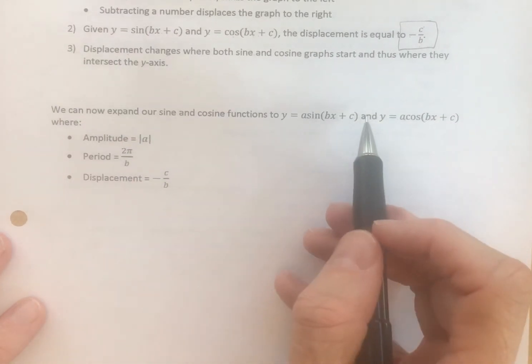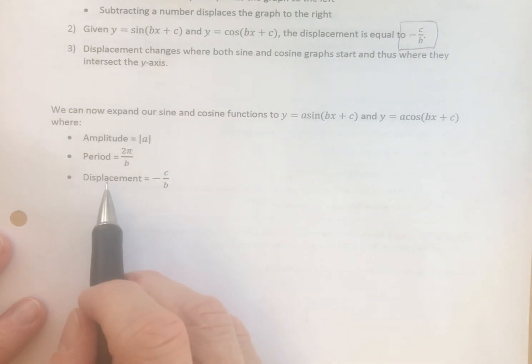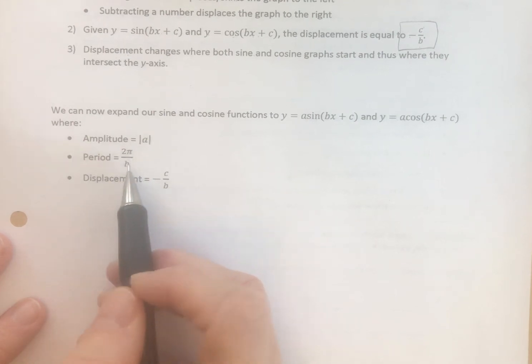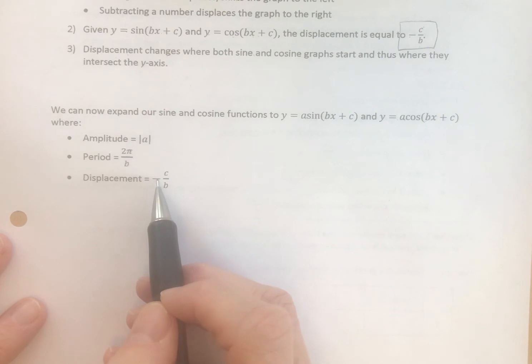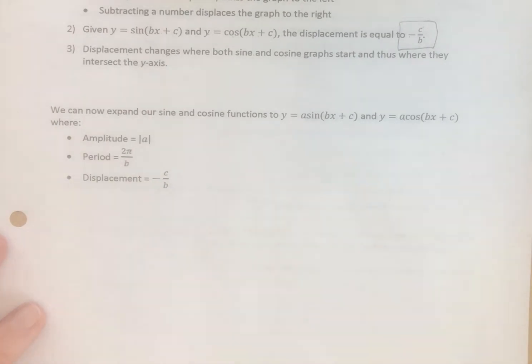As a reminder, if a is negative, then we invert the graph. The period is 2 pi over b. And the displacement is the opposite, or the negative, of c over b to come up with how far you're going to shift it. Okay, in the next video, we'll take a look at a couple of examples and how to get these things started and graphed.